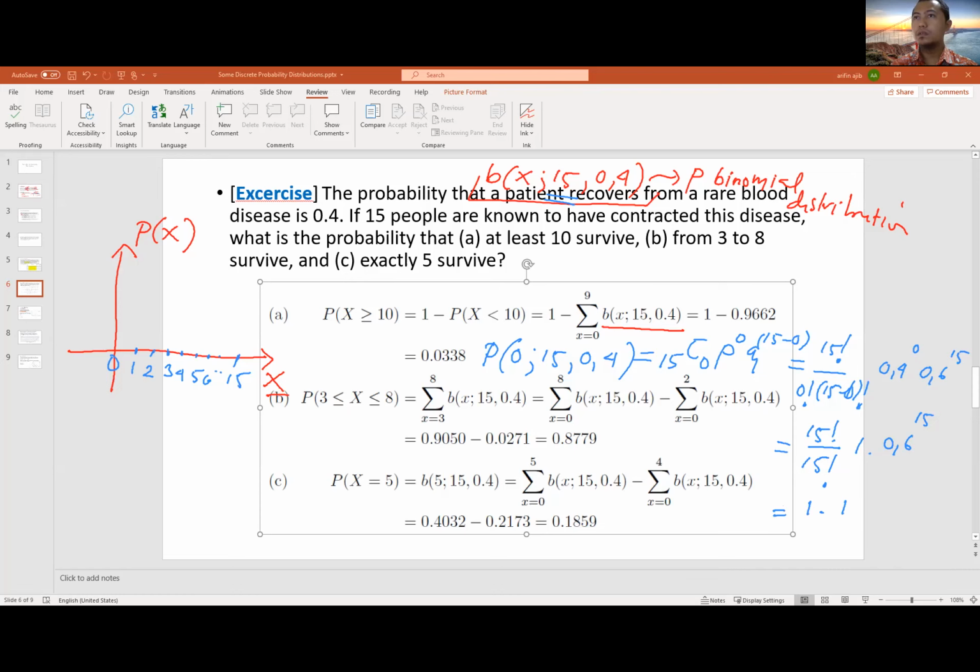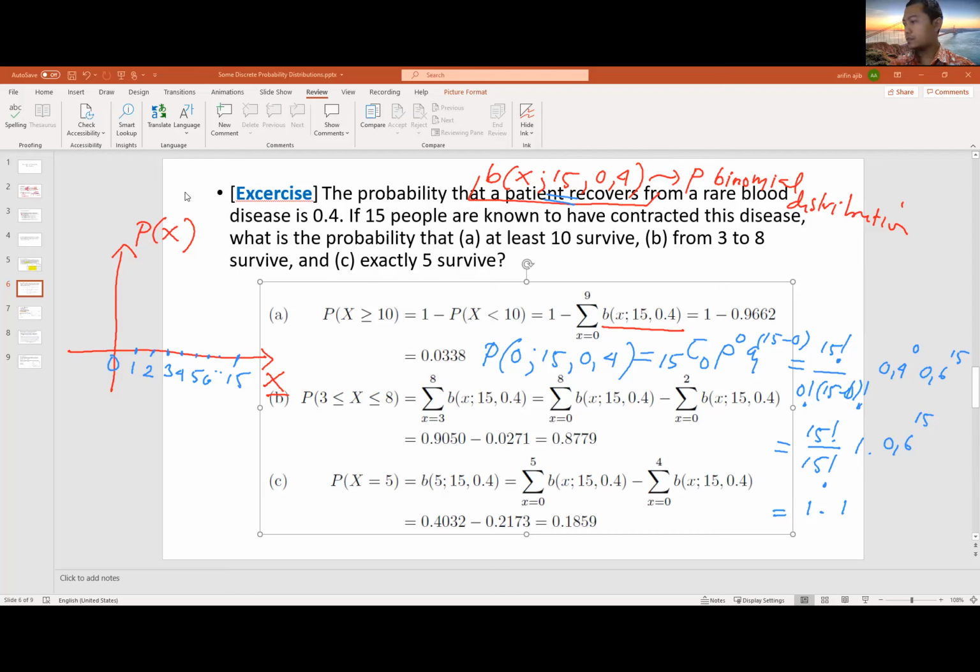I need to calculate. Wait a moment. It's similar to, not similar, but 0.6 powered by 15, right?